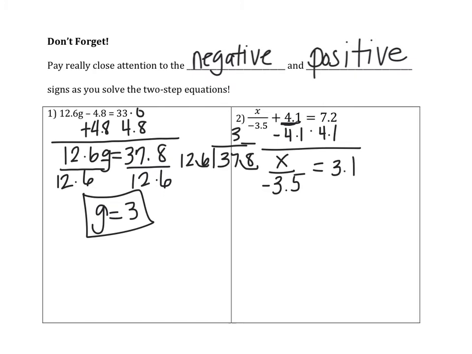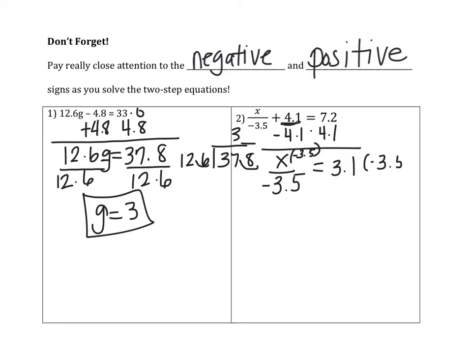Okay, now anything multiplied or divided to our variable, we want to do the inverse operation. So negative 3.5 is being divided, so we want to multiply by negative 3.5. Make sure to take the sign with you when you're multiplying so you can get x by itself without any negative sign on it.